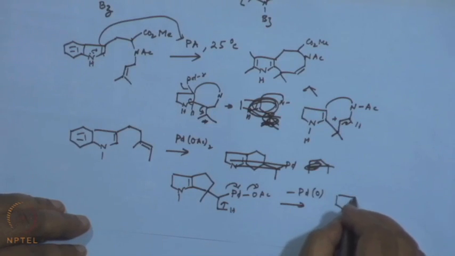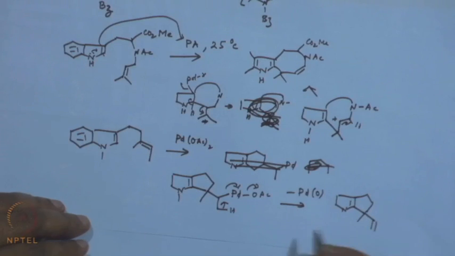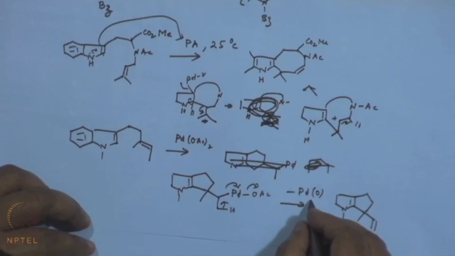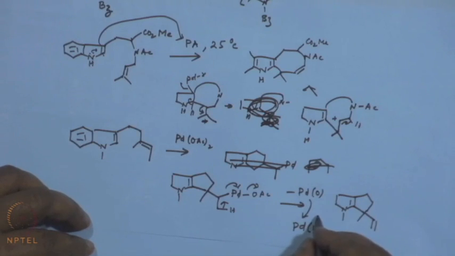So, eventually, palladium 0 must be converted again into palladium 2, and this can be done by simple oxygen, one atmosphere of oxygen is enough.